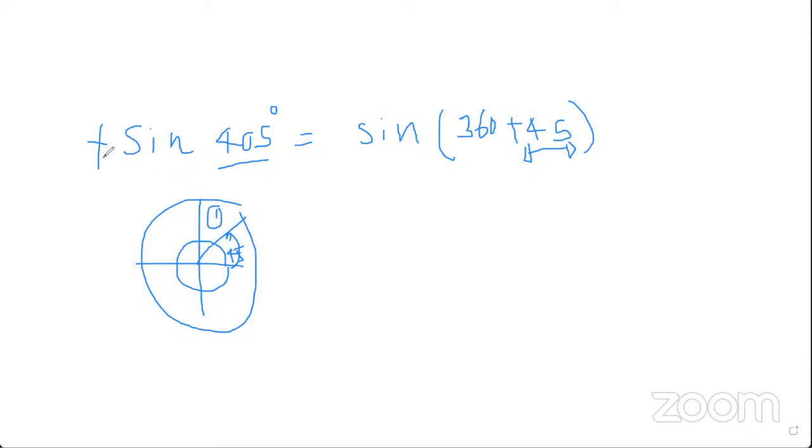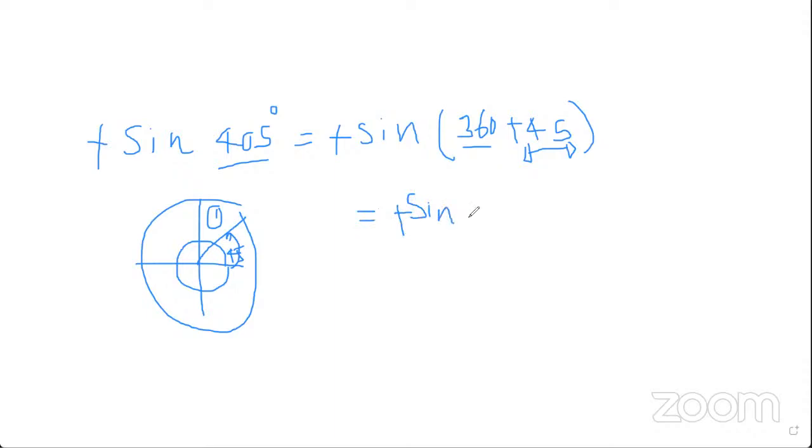Therefore, this value is in the first quadrant, so sine is positive because all values are positive there. Then you don't need to consider the 360. You have to take just sine 45, positive.